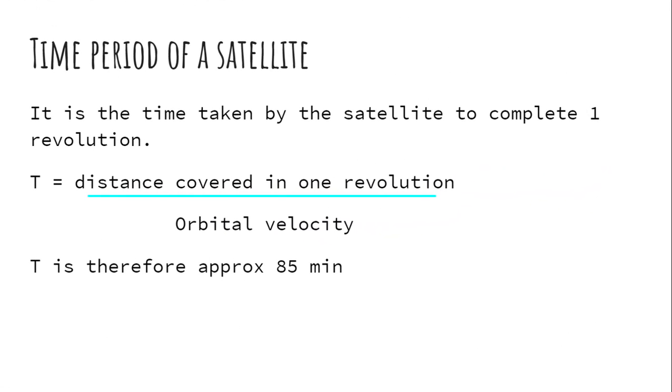Time period of a satellite. It is the time taken by the satellite to complete one revolution. T equals distance covered in one revolution divided by orbital velocity. And if you do that calculation, you will find out that it's approximately 85 minutes.